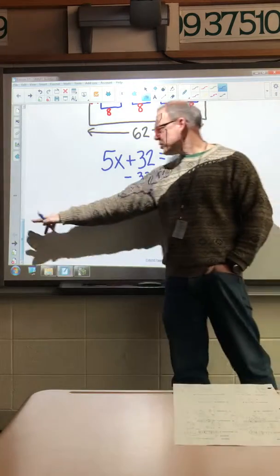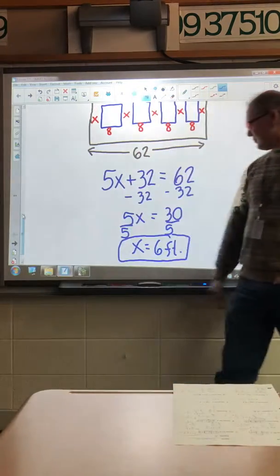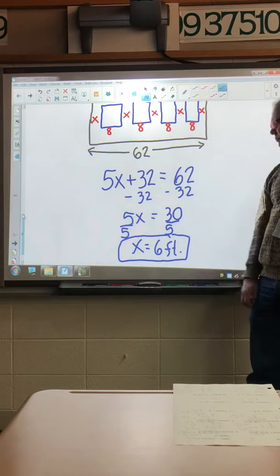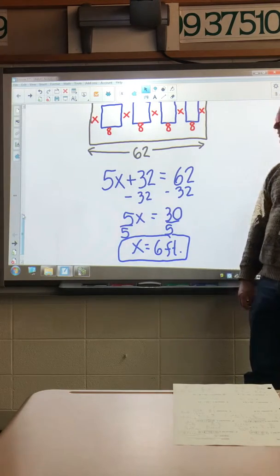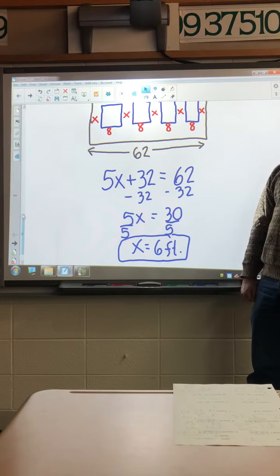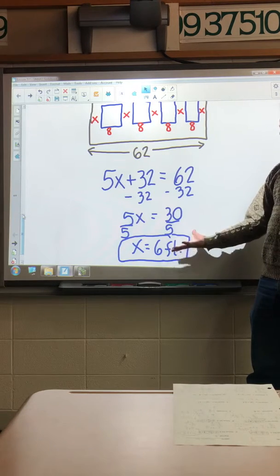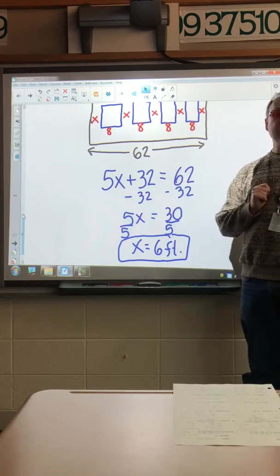So if you draw a picture, use some algebra, then that's not too tough, right? If you just read it and you're trying to kind of do it in your head, that could take a while. Okay?